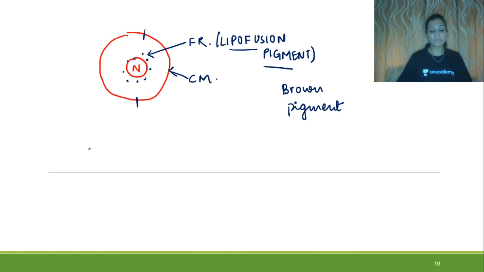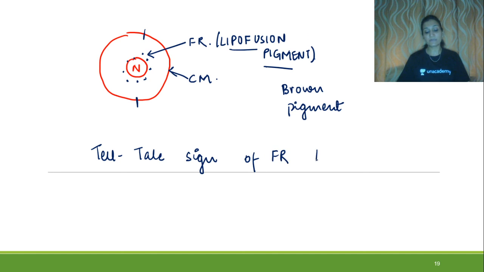This lipofuscin pigment is also called the telltale sign of free radical injury, and it is also called aging pigment.